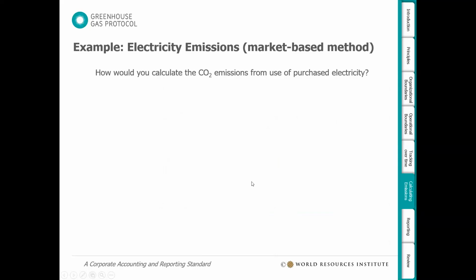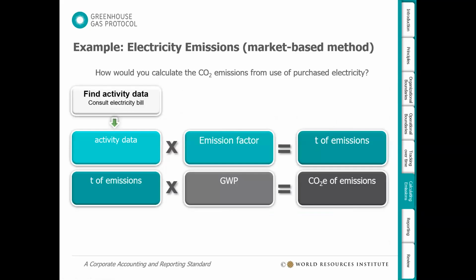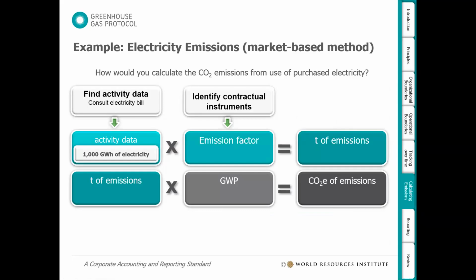Let's take another example, this time calculating CO2 emissions from the use of purchased electricity, this time under the market-based approach. So again, we consult the electricity bill, and this time the company identifies its contractual instruments. In this case, say that the company has purchased enough RECs to completely match its consumption of grid electricity.